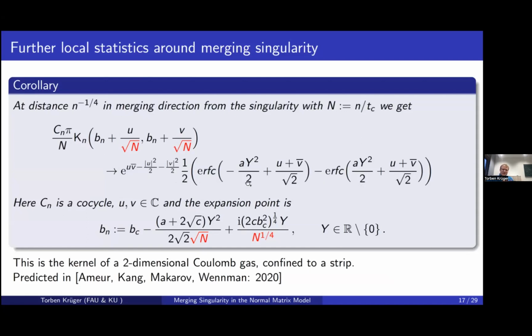And that corresponds to a kernel which is basically a Coulomb gas confined to a strip. So it's like having a Coulomb gas in a harmonic potential that grows only in one direction. So this is really a two-dimensional model. This kernel has already appeared in some earlier work where it was predicted that something like that happens at these types of singularities.